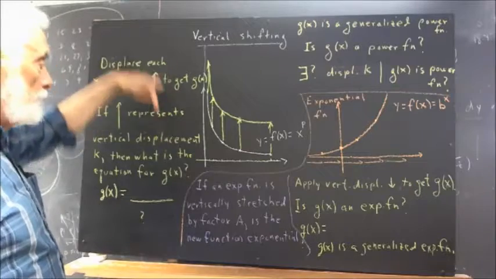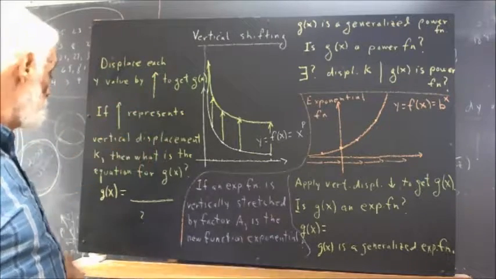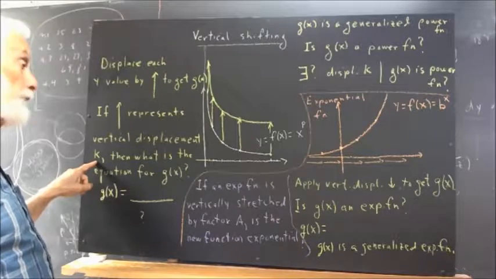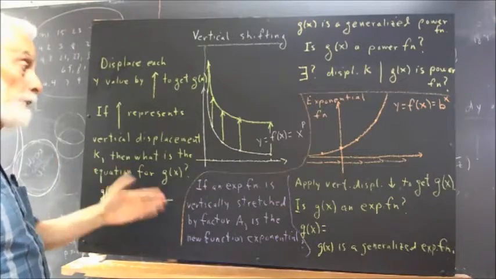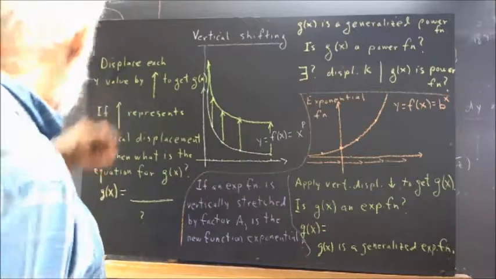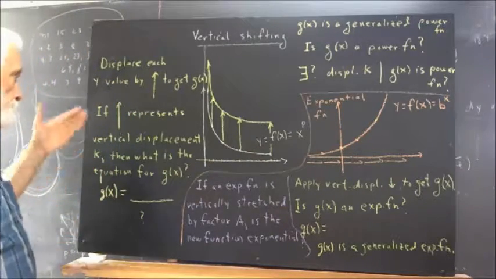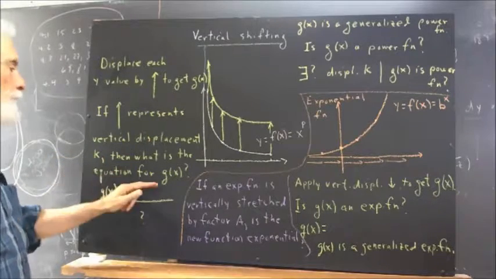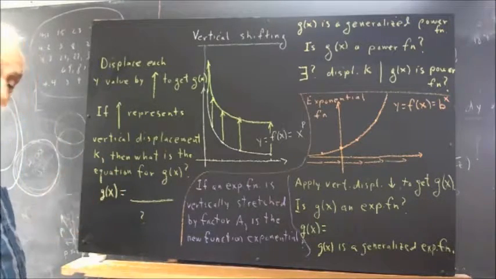It might even be a vertical displacement in the downward direction, in which case your vertical displacement would be represented by a negative number. Whatever the number is, whatever the scale is. So, if this represents our vertical displacement k, what's the equation for g of x?